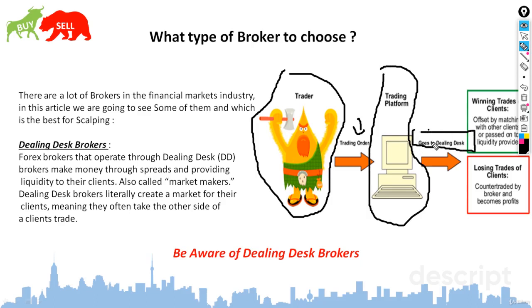If the trade of the trader is winning, the broker loses money. If the trade of the trader is losing, the broker will earn money. So dealing desk brokers trade against the trader. You have to be aware of dealing desk brokers.